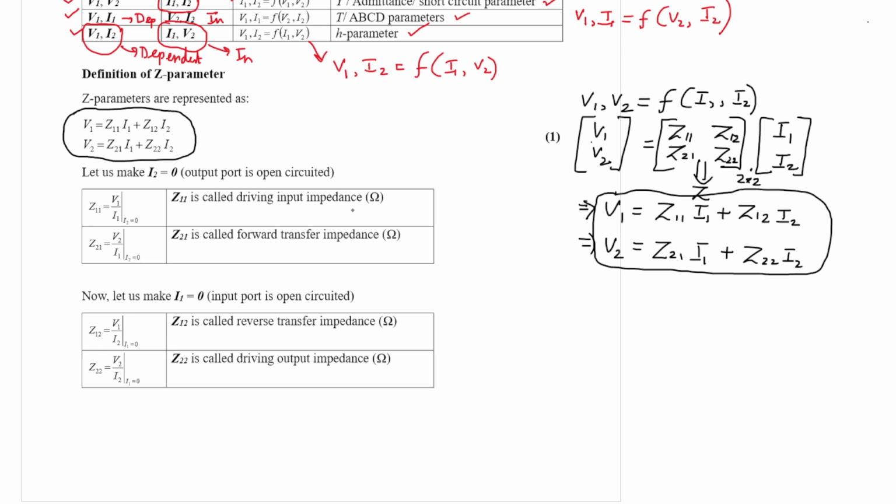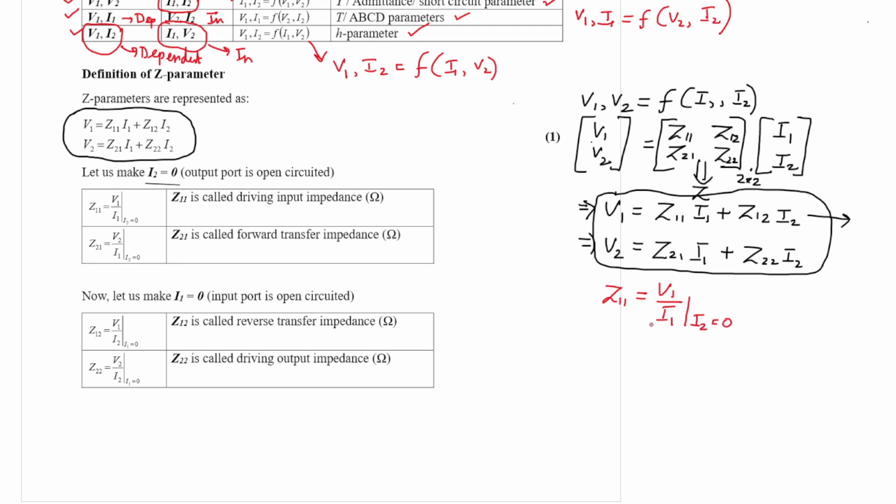In order to define Z parameters, let us first make I2 equal to 0. If I2 is equal to 0, then from this equation immediately we can write Z11 is V1 by I1 with I2 equal to 0.